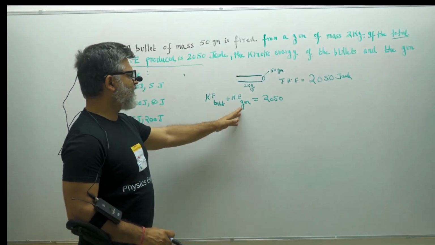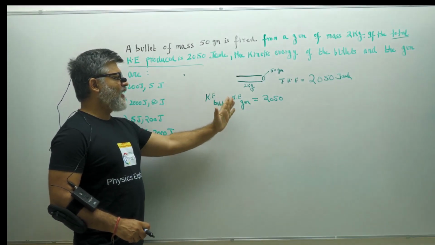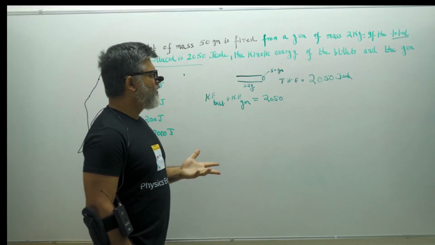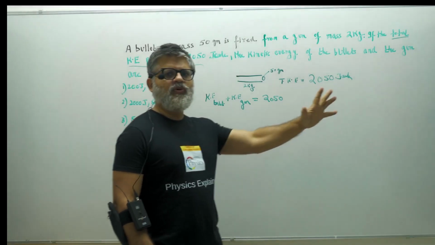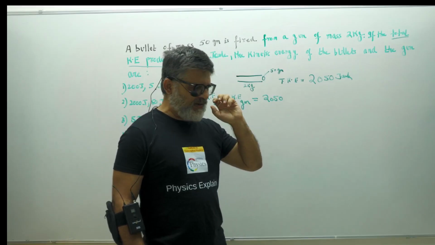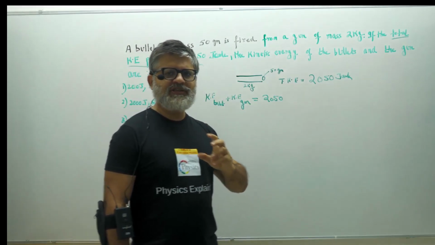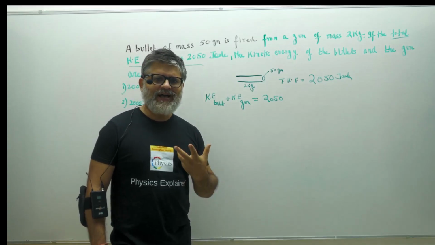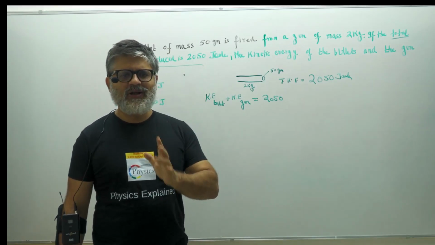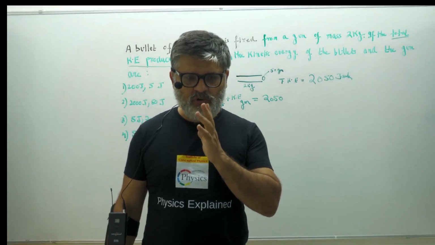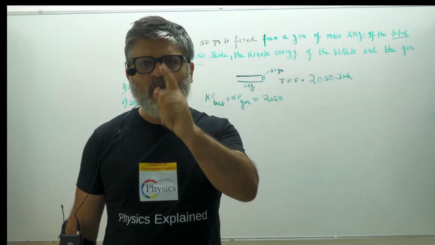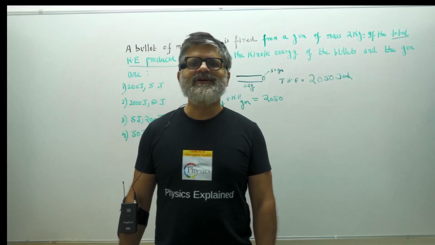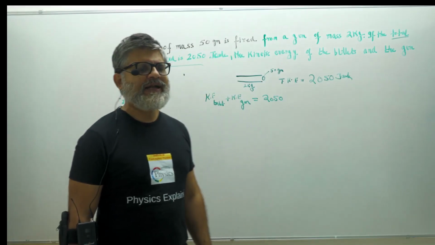How do you get a kinetic energy for the gun? How is this possible? You are firing a bullet, the bullet moves, right? That is pretty clear that there is a motion associated with the bullet. But how about the gun? And that is what the concept has to focus on. The focus of the question, the problem identification is, how do I know the kinetic energy of the gun?